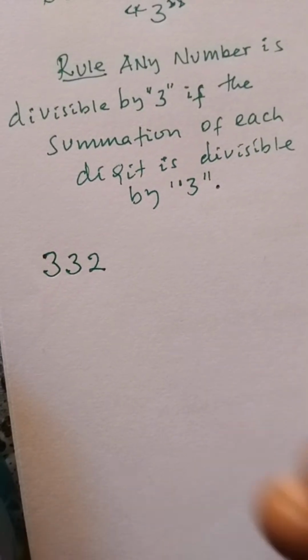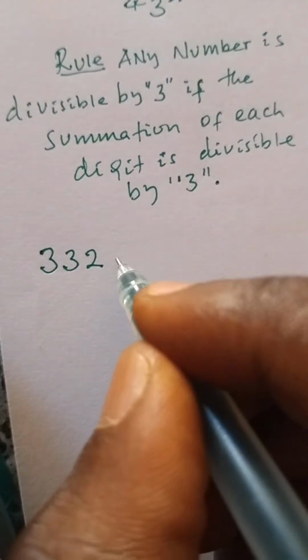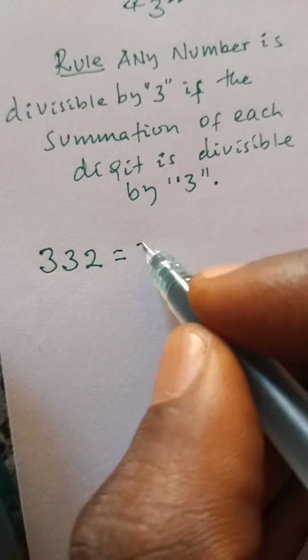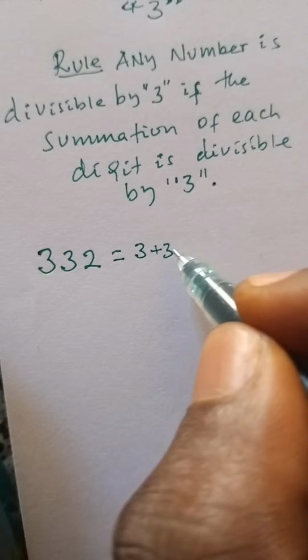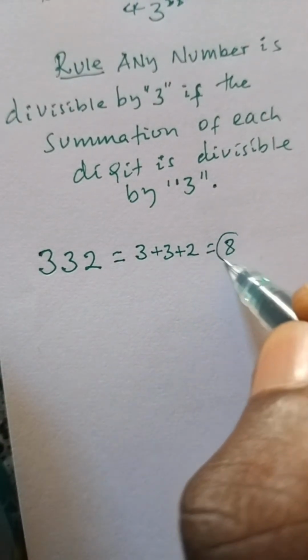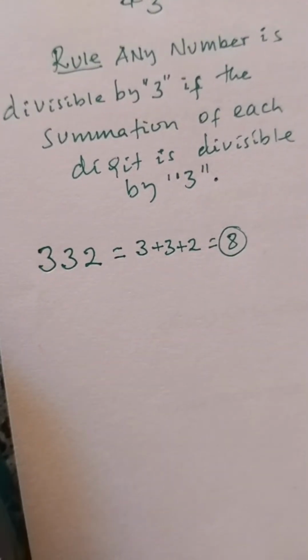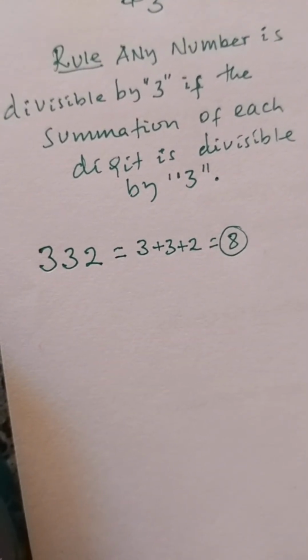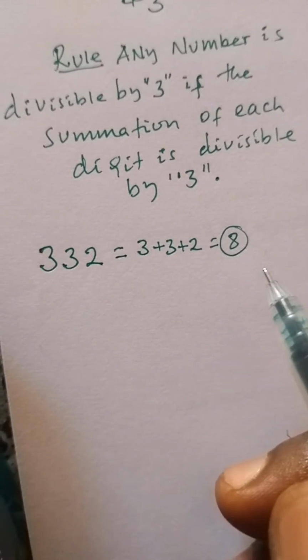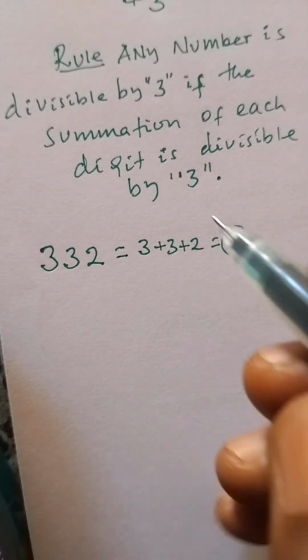To check, we add 3 plus 3 plus 2, which is 8. 8 is not divisible by 3, so 332 is not divisible by 3.